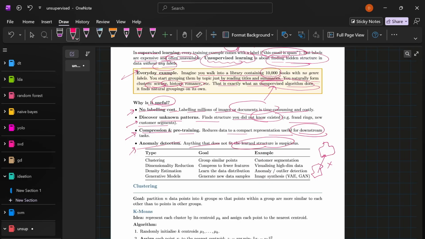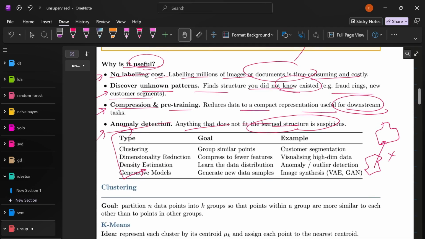So now, unsupervised learning isn't just one thing. It has four main categories. First one is clustering, grouping similar data points together. Example, customer segmentation. Second, dimensionality reduction, compressing data from thousands of features down into a few. Example for this is visualizing high dimensional data.